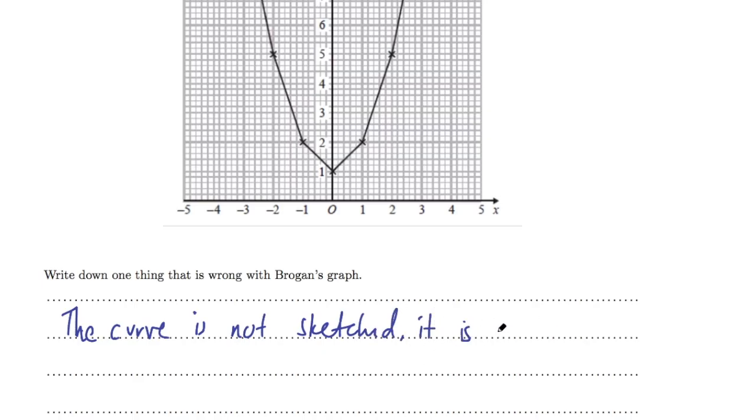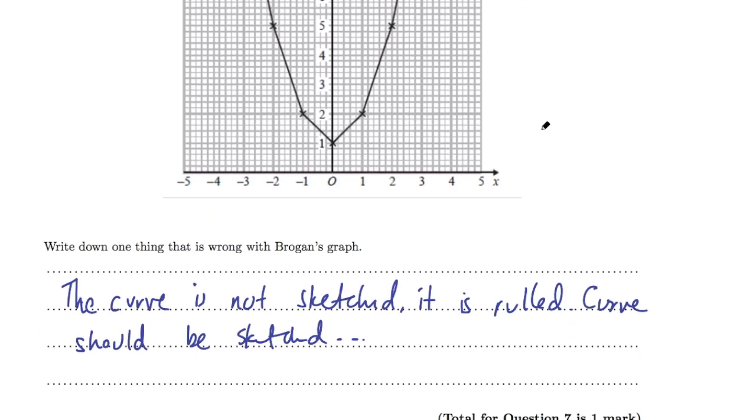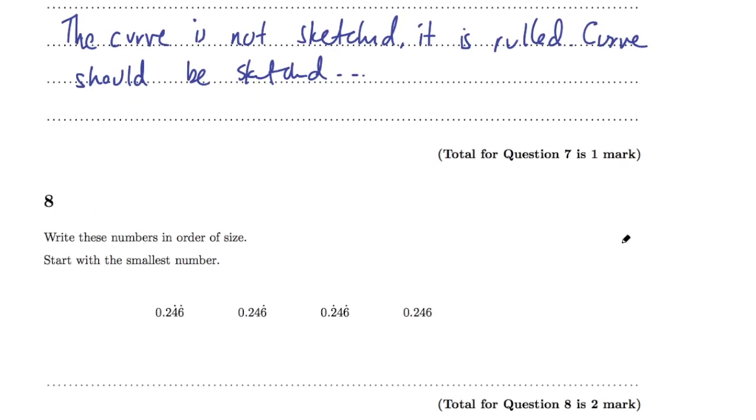It is ruled. Curves should be sketched, something along those lines. The curve should be sketched, shouldn't be ruled in. So as long as you got something like that, you should get 1 mark.